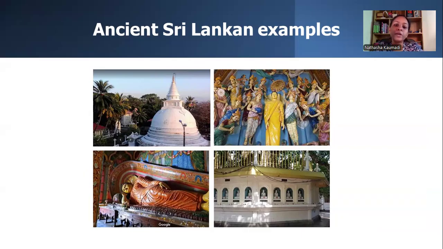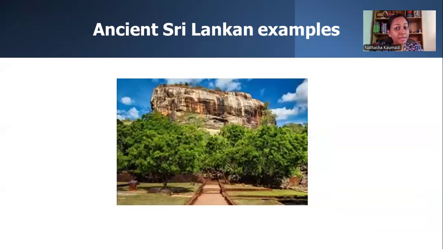If you go to an actual Buddhist temple, the peaceful mind you get when you enter the temple, that is a good example for these constructions. When you are doing these constructions, it gives you this peaceful mind, right? And then Sigiriya, how they have constructed the water garden system, the peacefulness, the architecture, all good examples.